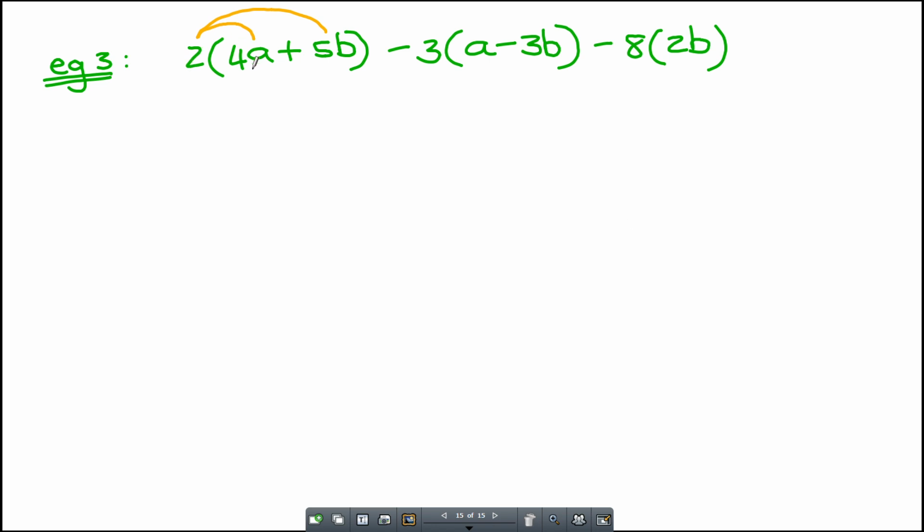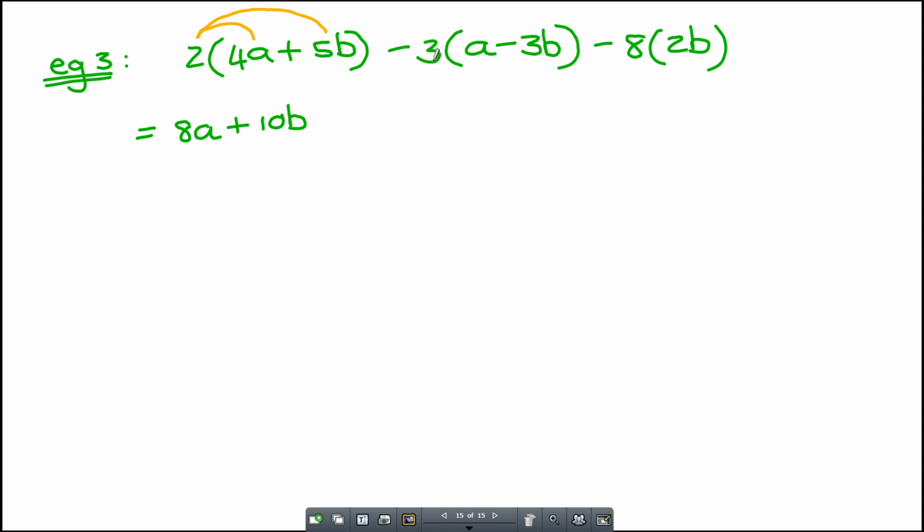So 2 times 4a gives me 8a. 2 times 5b gives me 10b. Okay. Now, why don't I multiply any further? Because my bracket ends there. Okay, so I'm done with that. Now we get to my next term. Yeah? So now, what must be multiplied into this bracket?